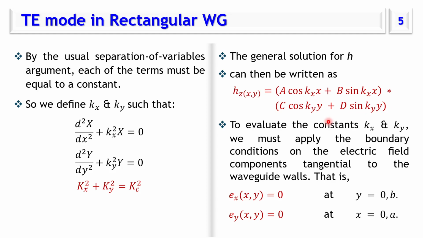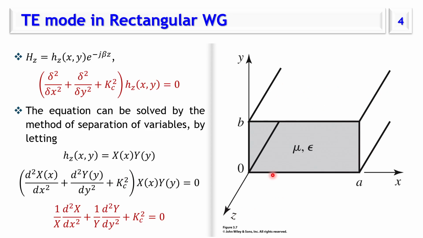And in order to find the values for kx, ky, and the constants a, b, c, d, we use the boundary conditions. What are the boundary conditions in this case? The tangential electric field equals 0.